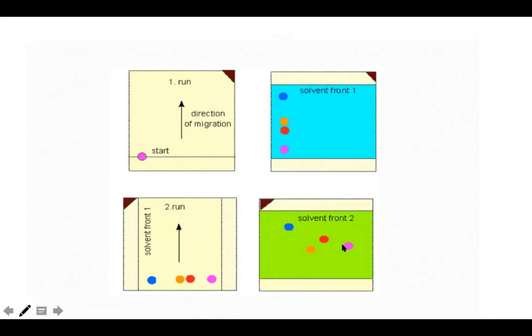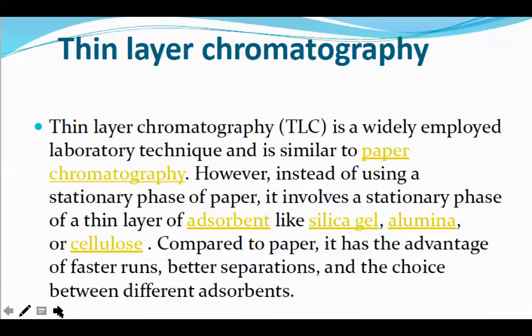Here they are not nicely separated, but here you see all have moved distantly, and it is called two-dimensional chromatography. In paper chromatography as well as thin layer chromatography, TLC, we can use two-dimensional chromatography for better separation of the mixture of the compound.